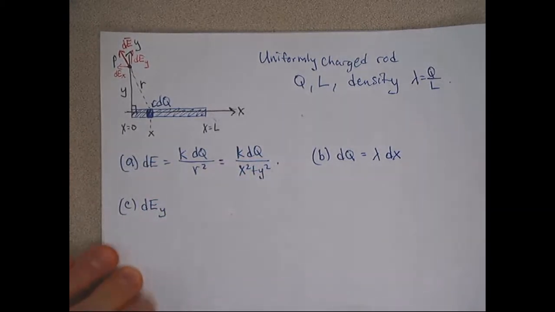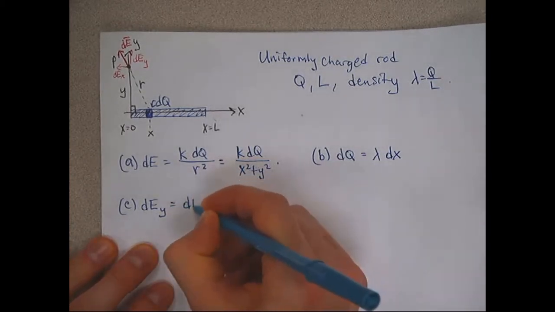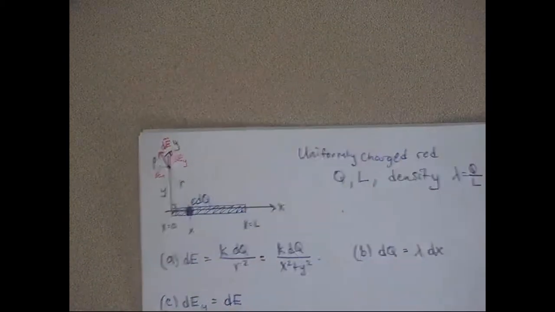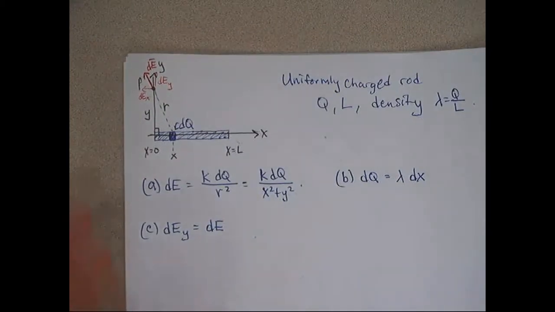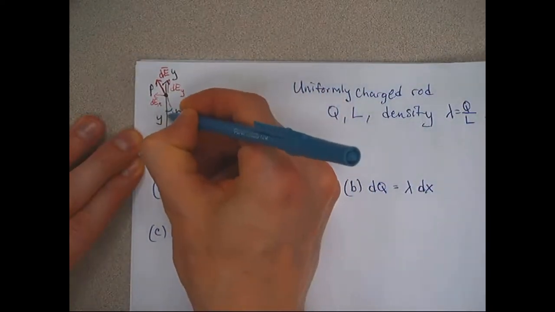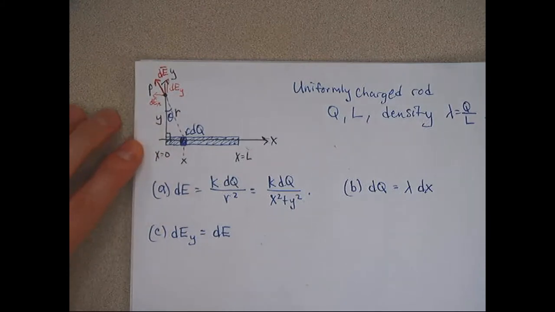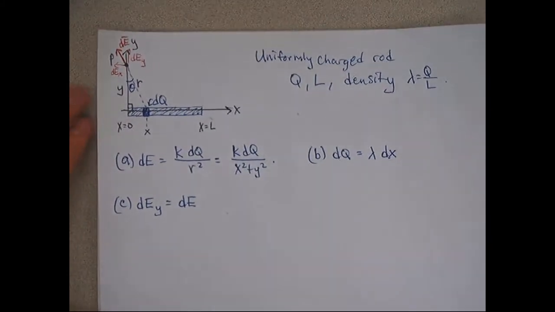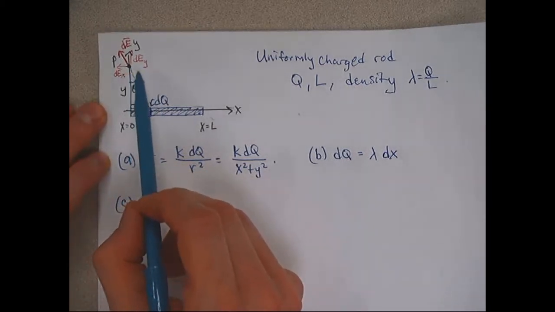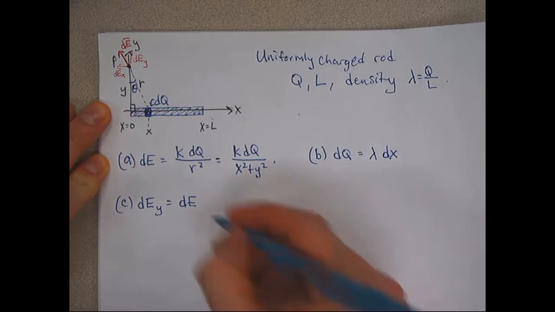Starting with the y component, we need to label our triangle here. I'll use theta to represent that upper angle. In this case, the y component then will be dE cosine theta.